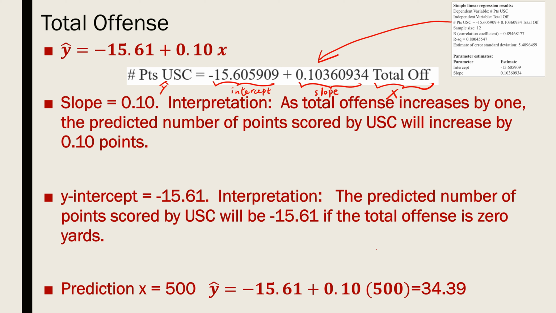This means if USC has total offense of 500 yards, the estimated points USC got is 34.39.